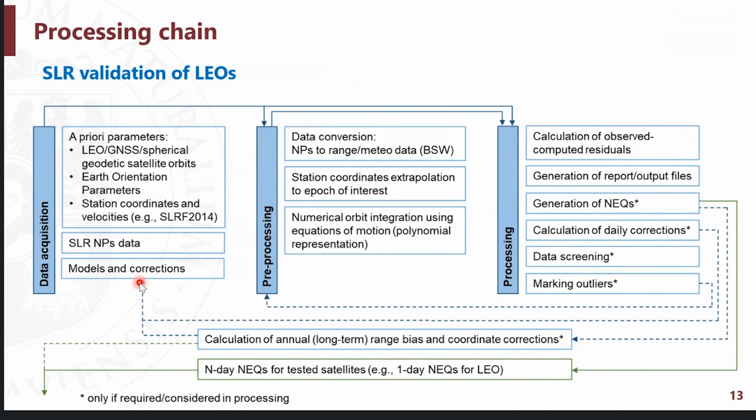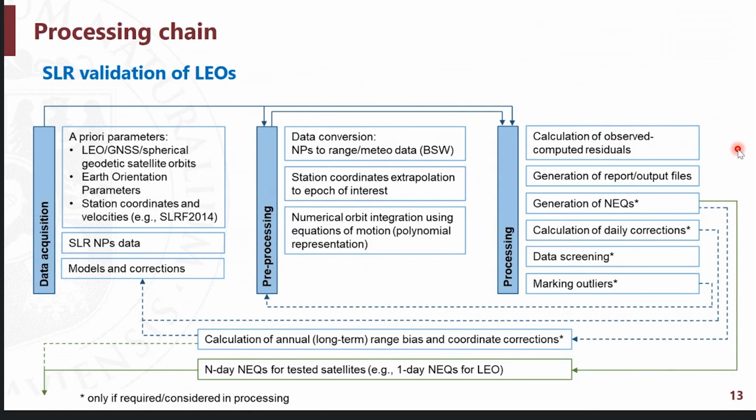I've used normal point data, and also models and corrections. Then we have preprocessing, so data conversion, extrapolation of coordinates, and orbit integration, and the final processing, which allows us to calculate the SLR residuals, output files, normal equation systems, daily corrections, and data screening.